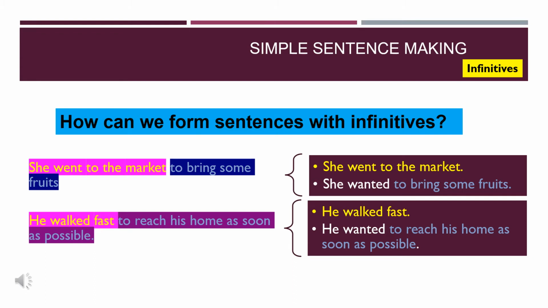So the answer comes from the infinitive part, to bring some fruits. I have joined these sentences together and made the sentence: she went to the market to bring some fruits. So this way we can form sentences.